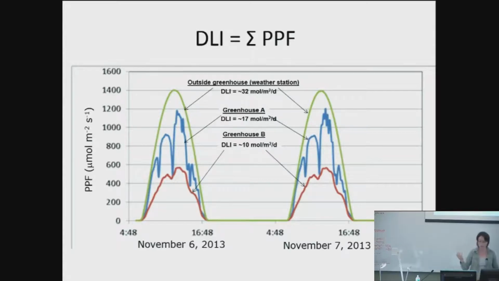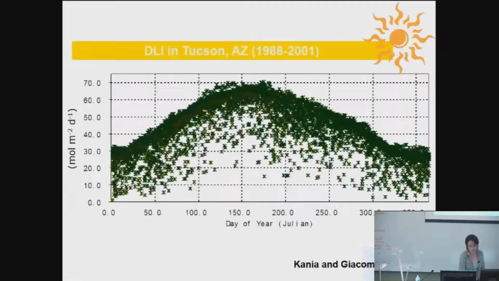And why DLI? Because canopy photosynthesis is very linear to the light intensity. So the University of Arizona has very nice weather data, and this is Tucson data, converted to micromoles.